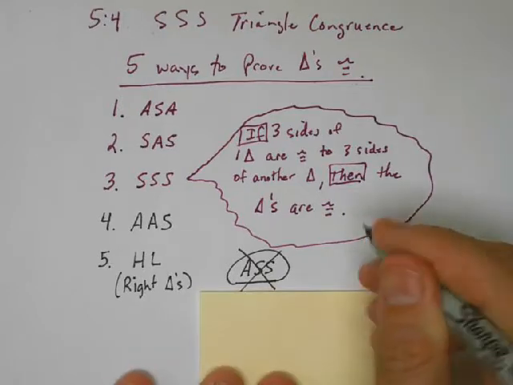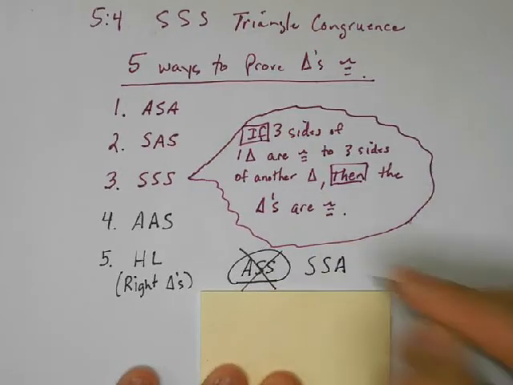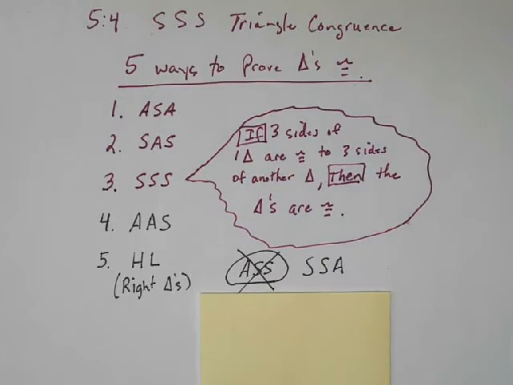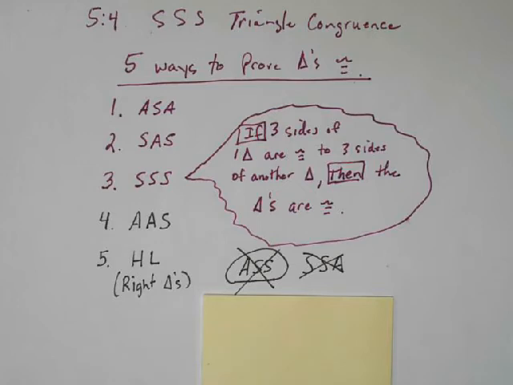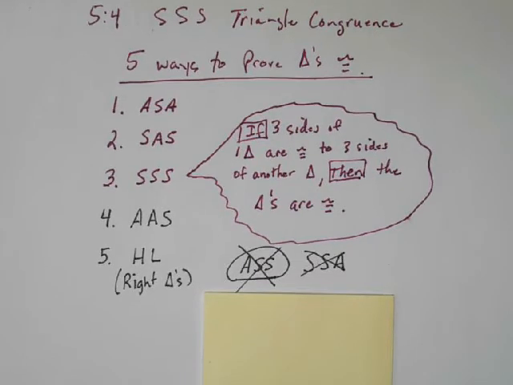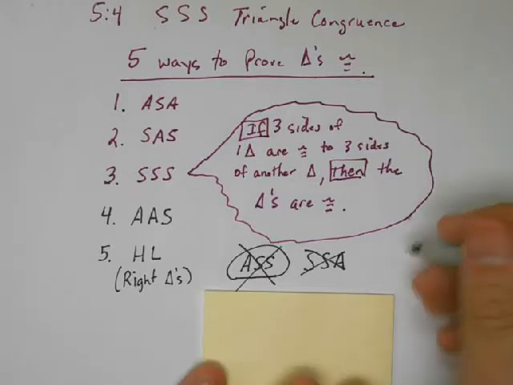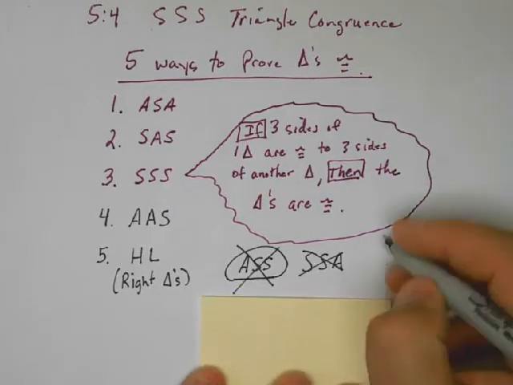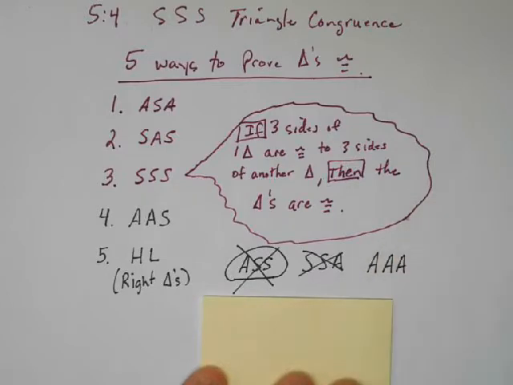And likewise, neither is this. Don't try it. Just change the order. That is also not a way to prove triangles congruent. No, seriously. It doesn't work. And there's also another way that doesn't work.